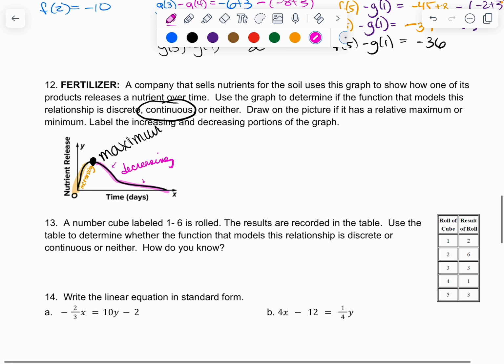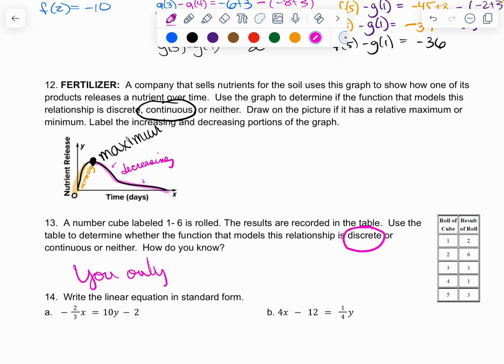Okay, a number cube is rolled. The results are recorded in the table. Use the table to determine whether this models a relationship of discrete or continuous. Since you only have 6 sides to the die, you don't have in-between things, it is discrete.